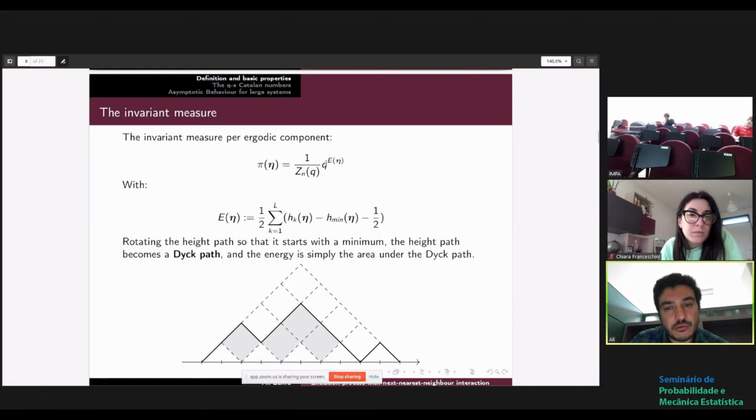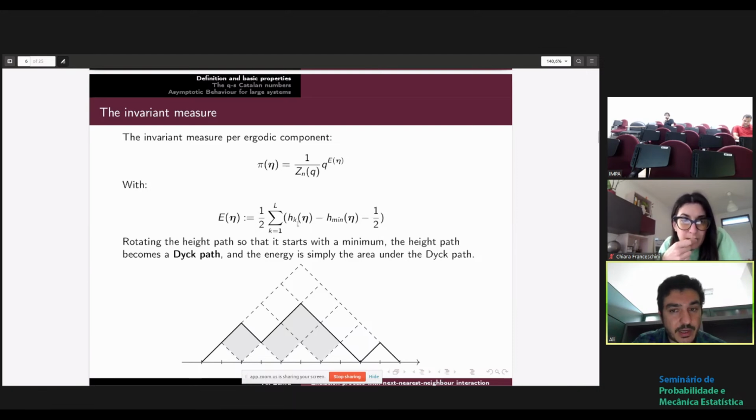So it's Q to the power of some energy of the configuration. And the energy of the configuration is given by this function here, which seems as if we are integrating the height starting from the minimum height. If you do that, then you get a quantity which is conserved by translation.